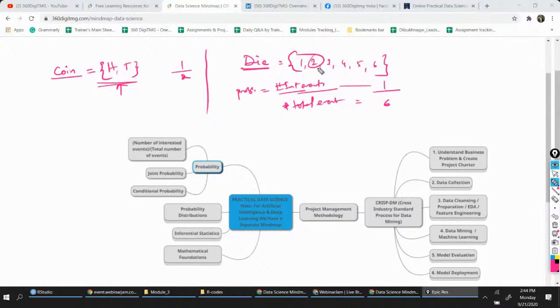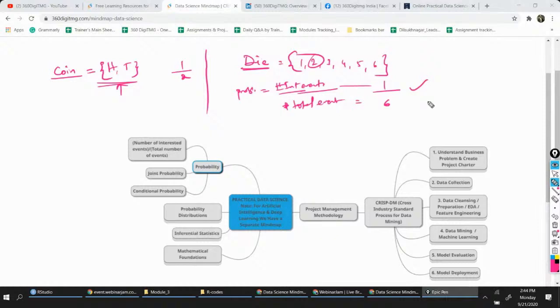I was just checking if anybody says 2 by 6. So the answer is 1 by 6 only. Why? Because 2 is there only once in that list, right? 2 is repeated only once. So number of desired values out of the total values. So result is 1 by 6.